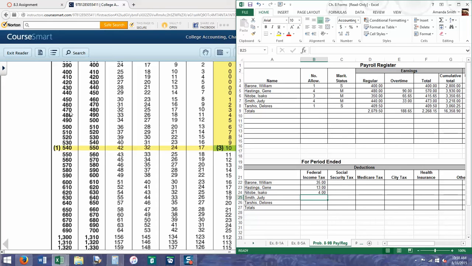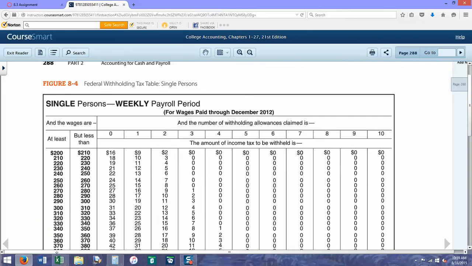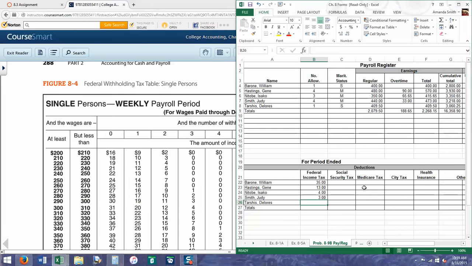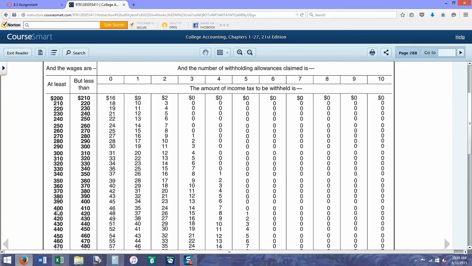So at least 470, less than 480. In this case, we're going to go over to the yellow column because it's already highlighted. That's $3. And Dolores is single with 1 allowance. So we're going to flip back the page. And she earned $409.50. At least 400, less than 410, 0, 1, $35.